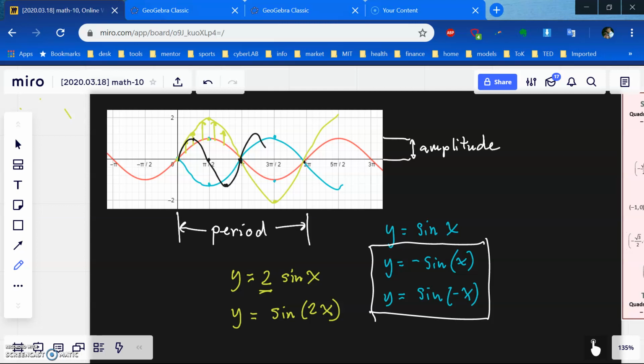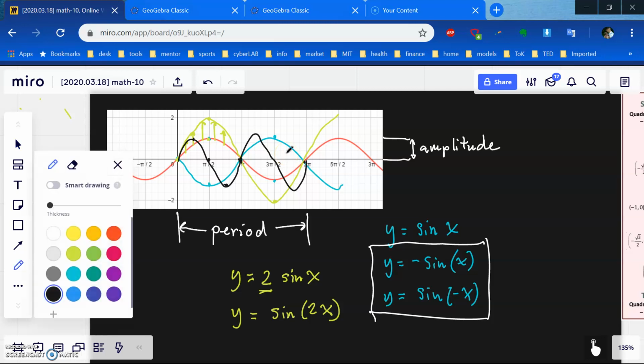So I'll let you think about this and go back and go over it, see if you agree with that. But basically, by multiplying my input by 2, I'm able to squish 2 full periods into 1 2 pi, because each of the values becomes double as big. So it's kind of like it's pushing.